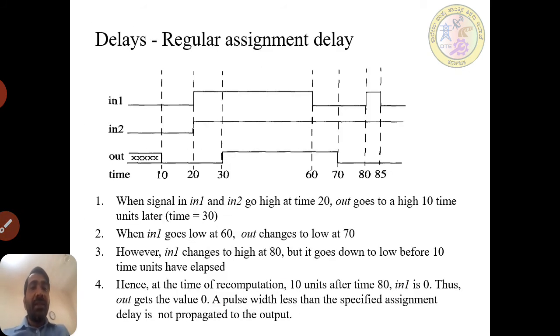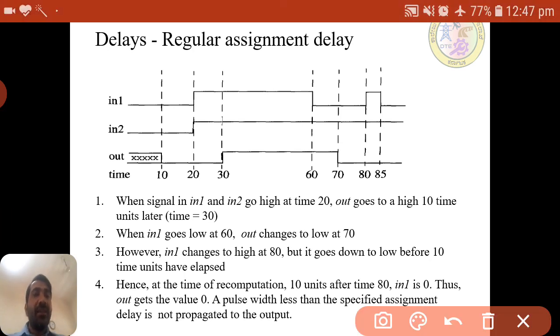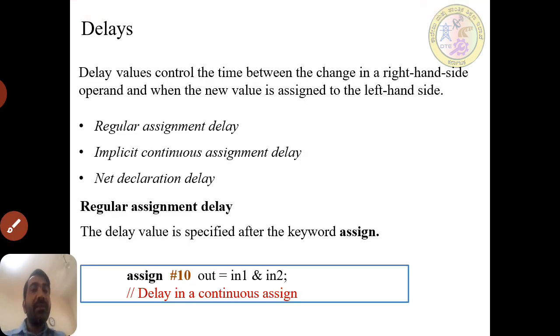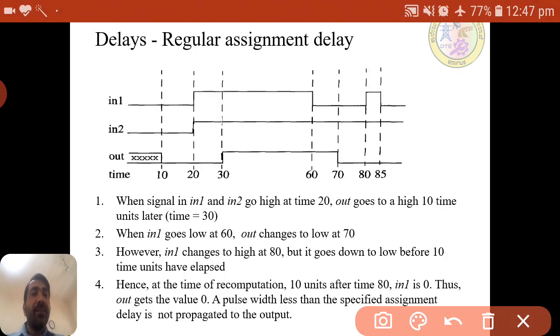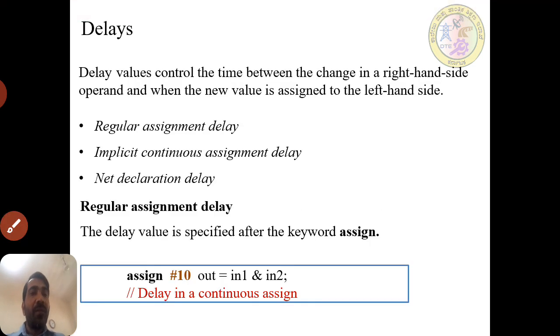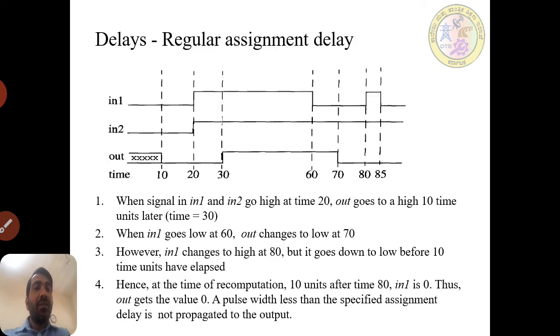Here is one example. Let us see, this is a delay. What we have seen is assign #10 out equal to in1 and in2. How will it affect the output?